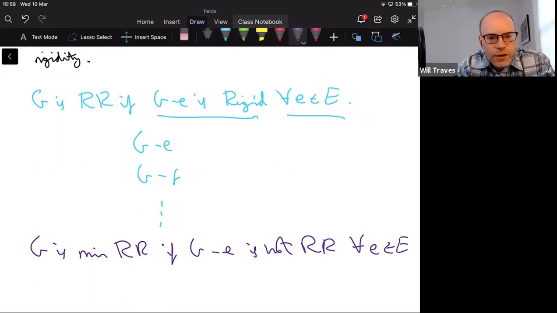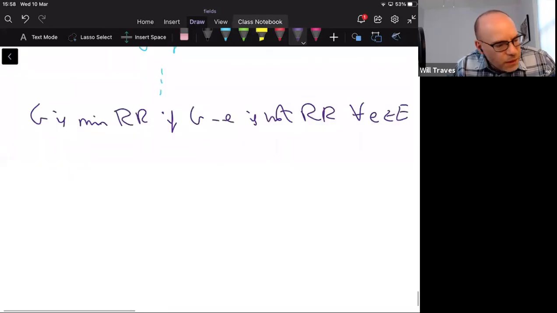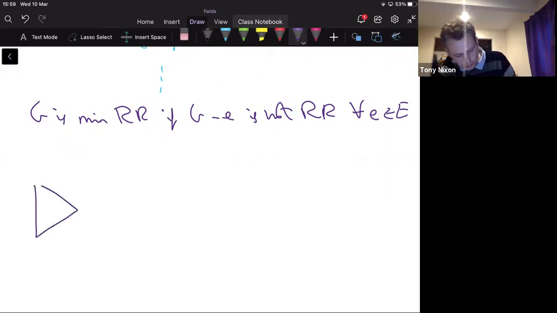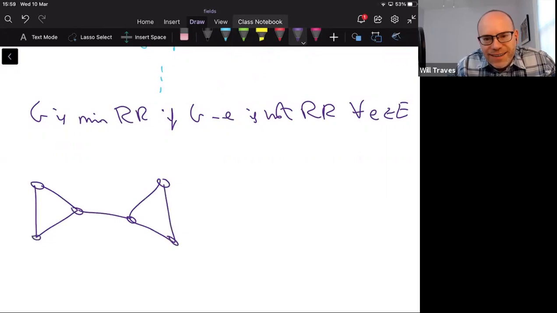I had a question. It's kind of a dumb question, but is it possible to characterize the graphs that are both rigid and also have rigid complements? So they can't have too few edges, but they can't have too many edges either.